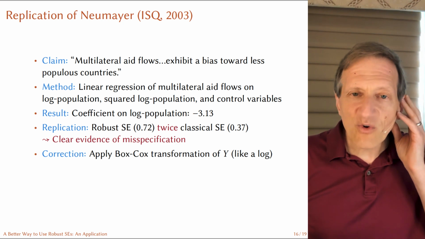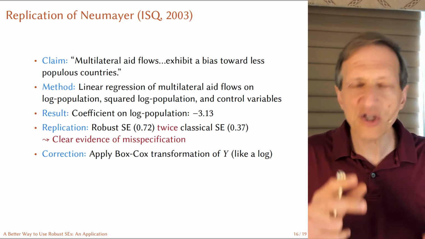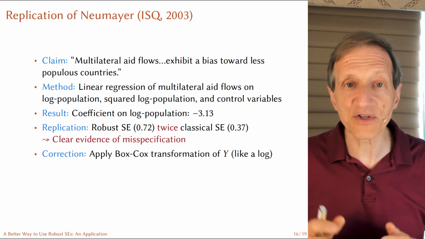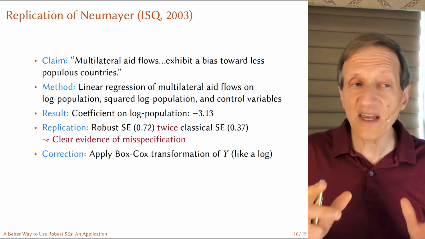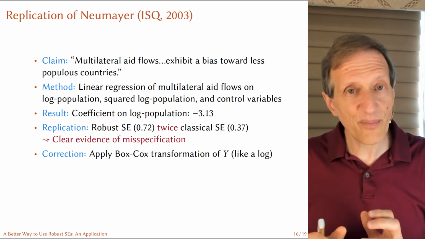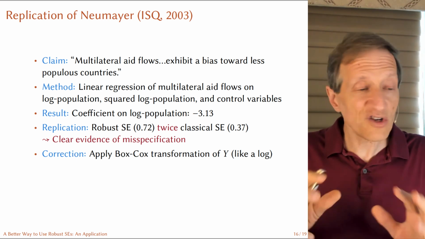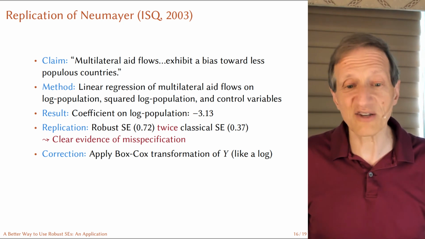What we found was that the outcome variable was very skewed in a particular way, even after we took into account the explanatory variables. And fixing that really helped a lot. Fixing it by taking a log would help, but we found another transformation called the Box-Cox transformation, which is very much like a log. In fact, a special case of it is a log, it just has an adjustable parameter.